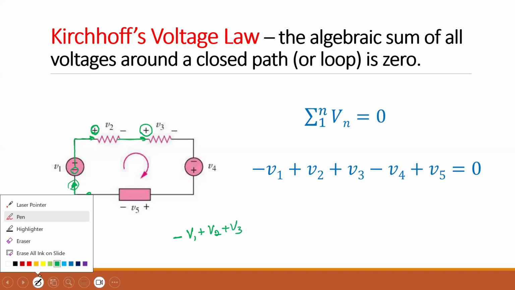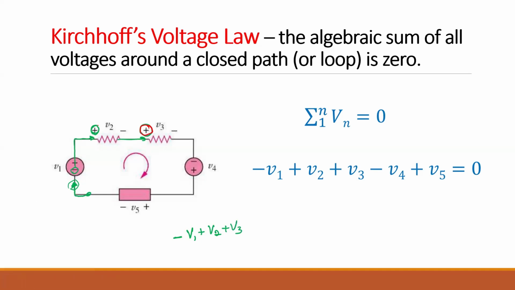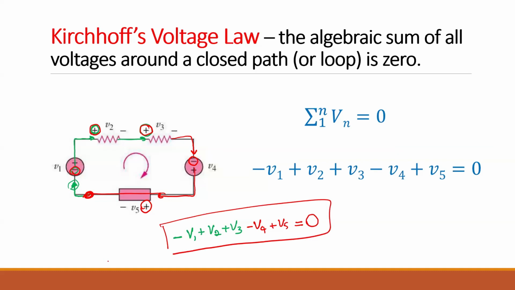Whenever the current is going into positive, we add. When the current is going into the negative side, we subtract. So here we subtract V4, and we are going to the positive side, so we add V5, and we come back to the start point. The loop is completed, so this is equal to 0. That is what it means for the algebraic sum of the voltages to equal 0. Does that make sense?